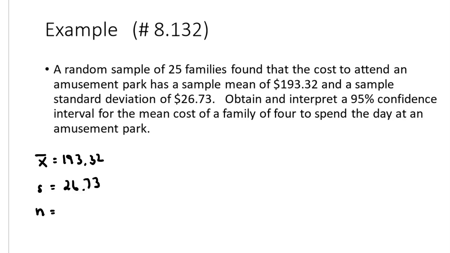I sampled 25 families. And my confidence interval is, I want 95% confidence level, so that means my alpha is 0.05. All right, so the first thing is to use that information to find that t value. Once you have the t value, then we throw it into that formula. So my t alpha over 2 is going to be half of 0.05, which is 0.025.